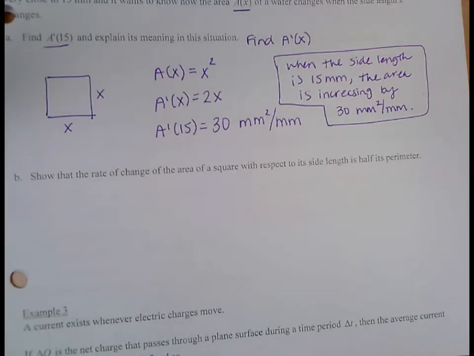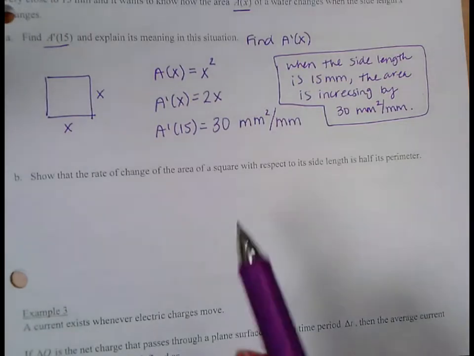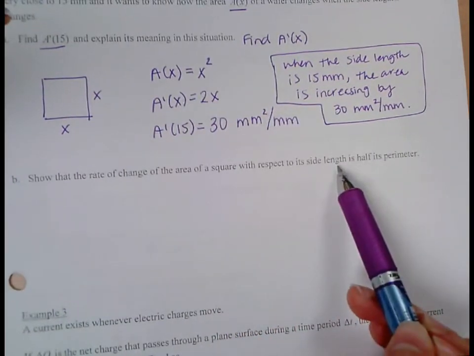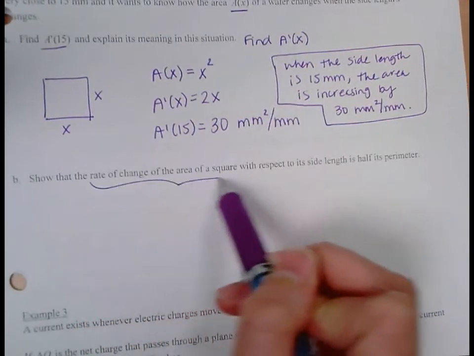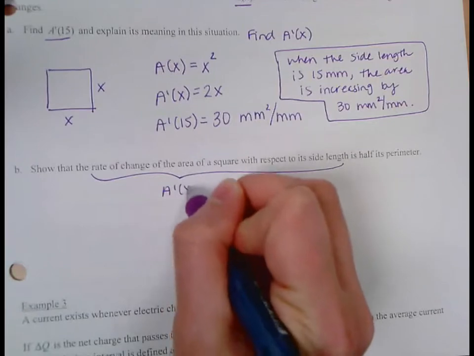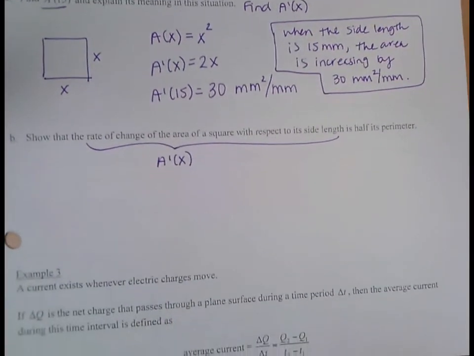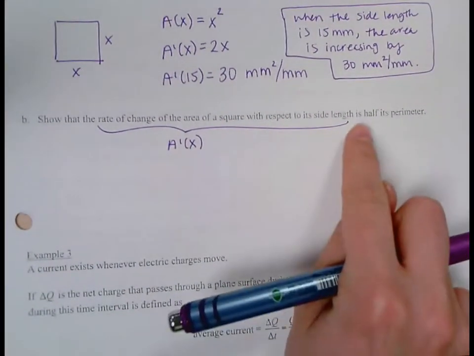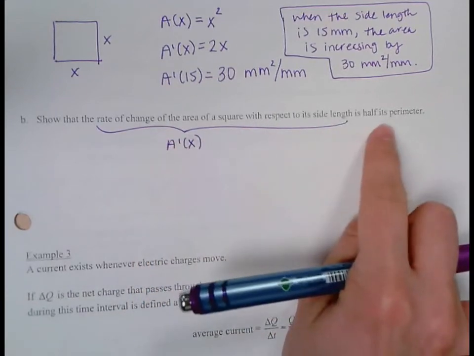All right, the last question, B. It says, show that the rate of change of the area of a square with respect to its side length, that is the derivative, the rate of change is A prime of x, is half of its perimeter.